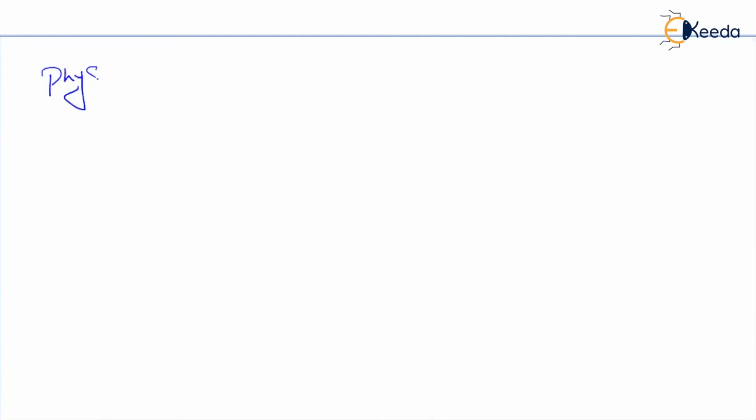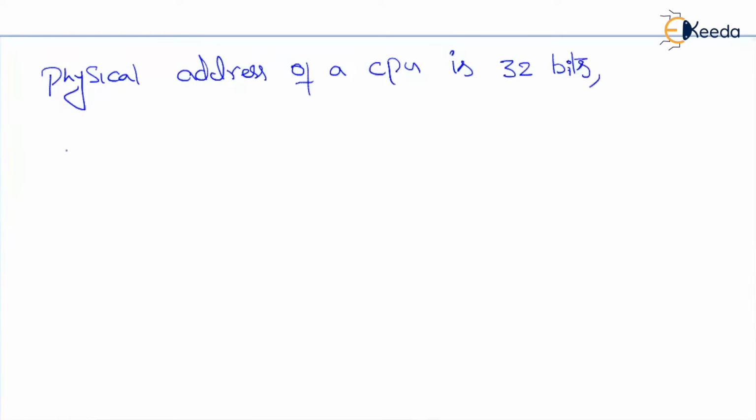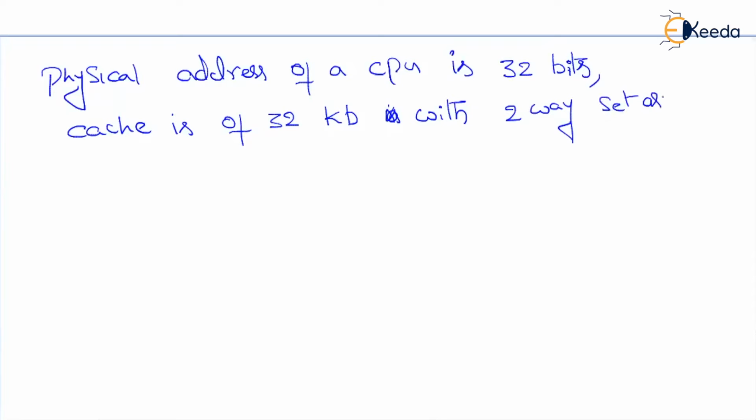Physical address of a CPU is 32 bits. A cache of 32 KB with two-way set associative is used in the system.